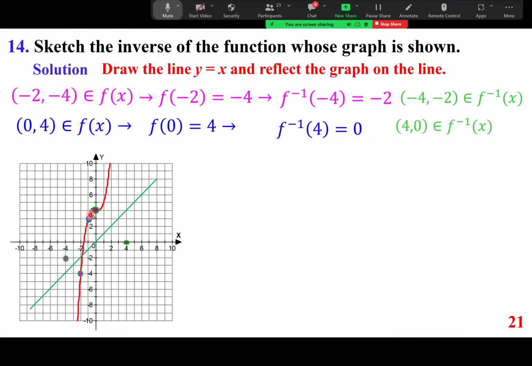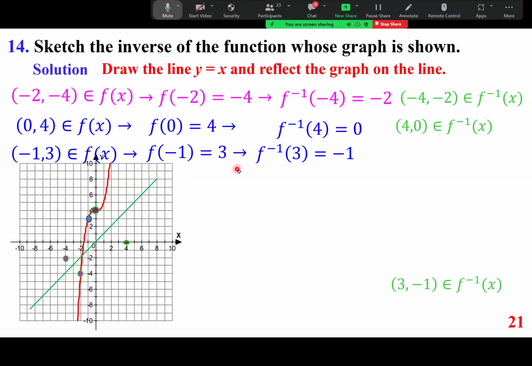-1, 3 belongs to f of x. If we want to go just to the end, we would change this to 3, -1. But to show this here, we say f of -1 is 3. So f inverse of 3 is -1, and therefore 3, -1 belong to f inverse, which is this point.